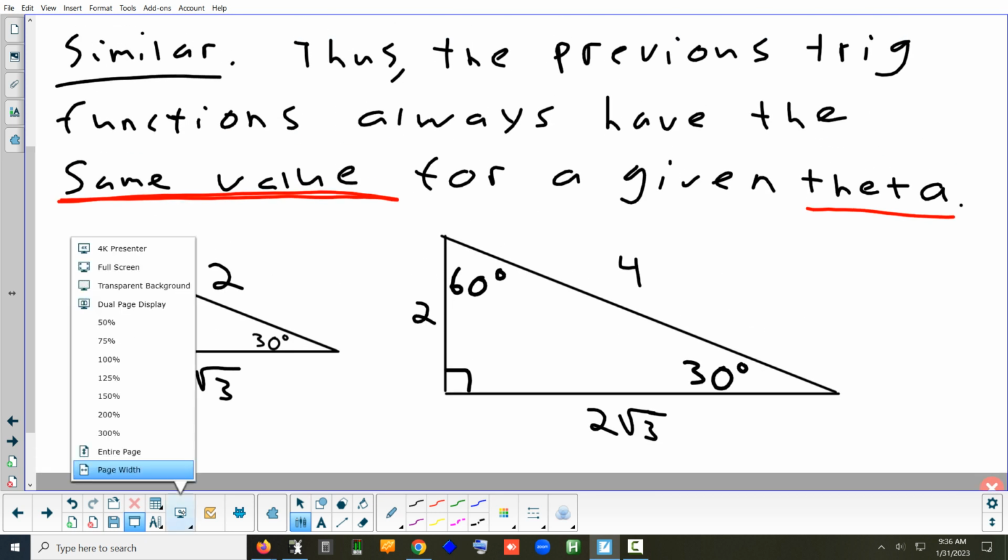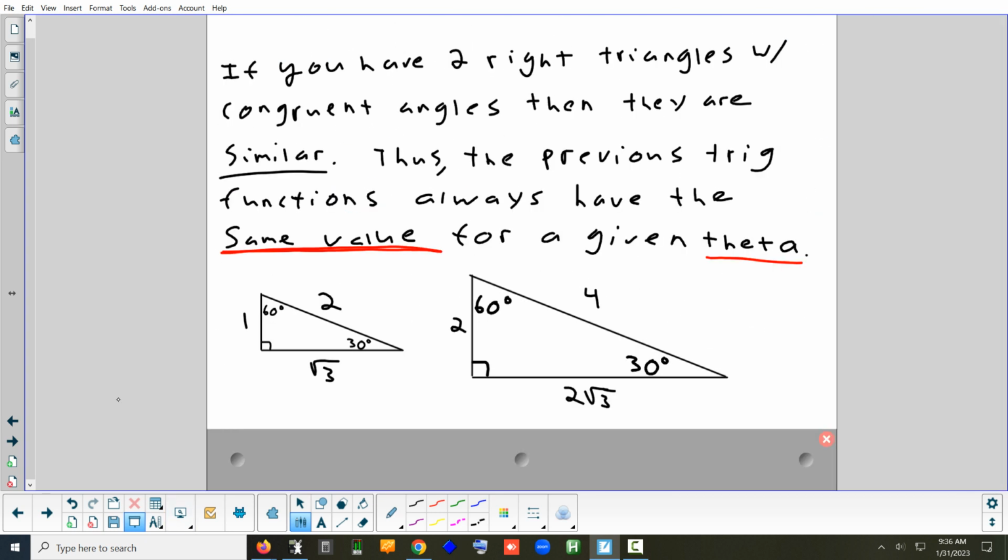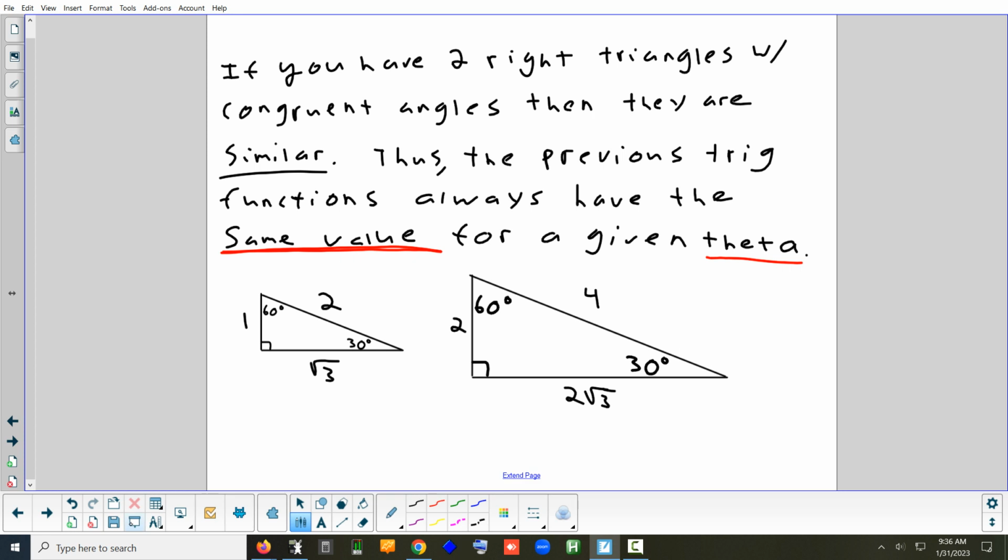I want to pick a trig function in that triangle, and I want to find it in the small one, find it in the big one, and see if it comes out the same. Let's do the third. Okay, so don't worry about the sixth. Let's find the sine of 30 in the small triangle.